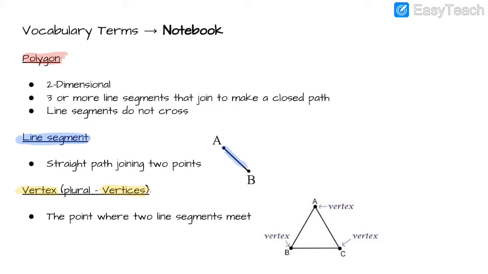Our line segment has the middle. And our vertex, or our vertices, are the corners where 2 lines meet together. Okay, so go ahead and pause the video, finish writing out these vocab terms, and then click play when you're ready to go on.